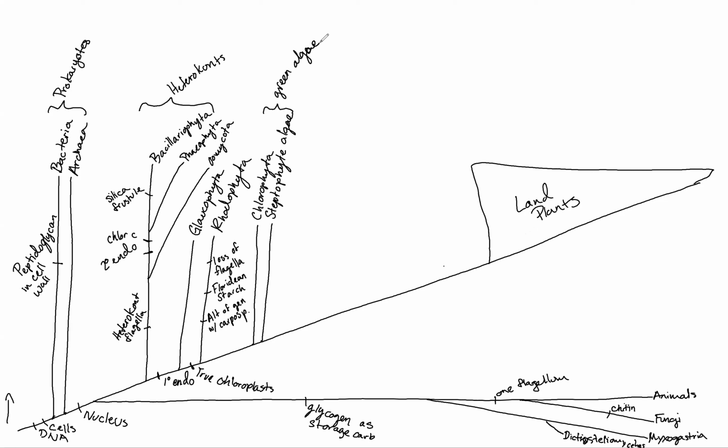So if we look at some differences here, we have differences in the pigments. So we get chlorophyll b and carotenoids. We lose the phycobilins.